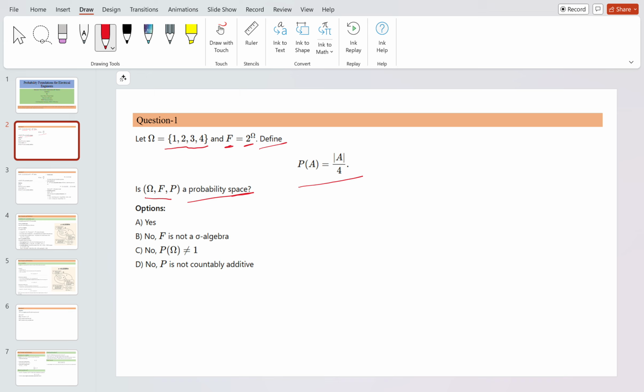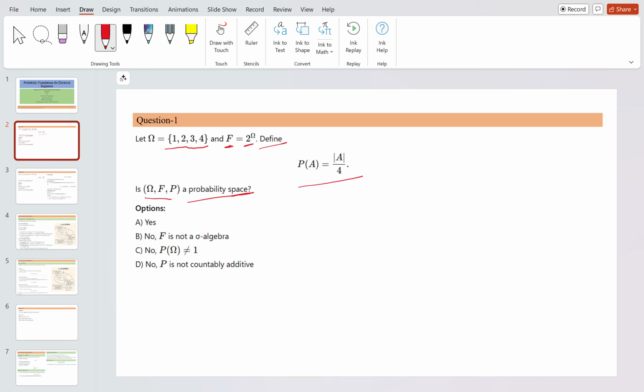It is just saying that you have a set which contains the elements 1, 2, 3, 4, and there is an F which is defined as all the subsets possible for this set omega, that is 2 to the power omega, and the probability is defined as P(A) equal to mod of A by 4.